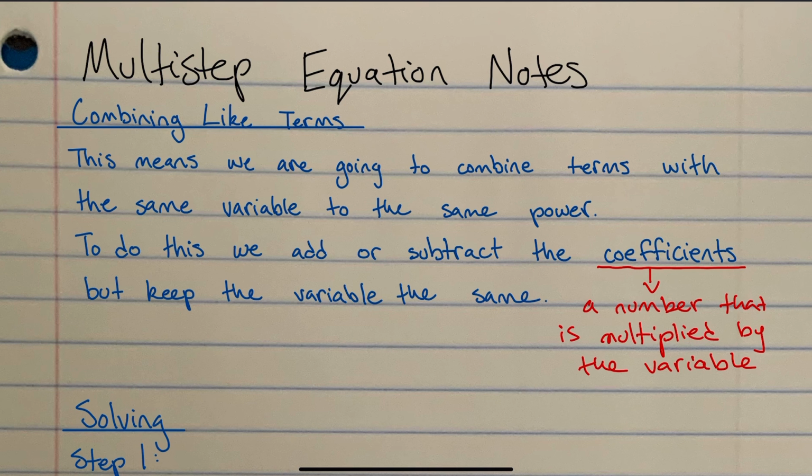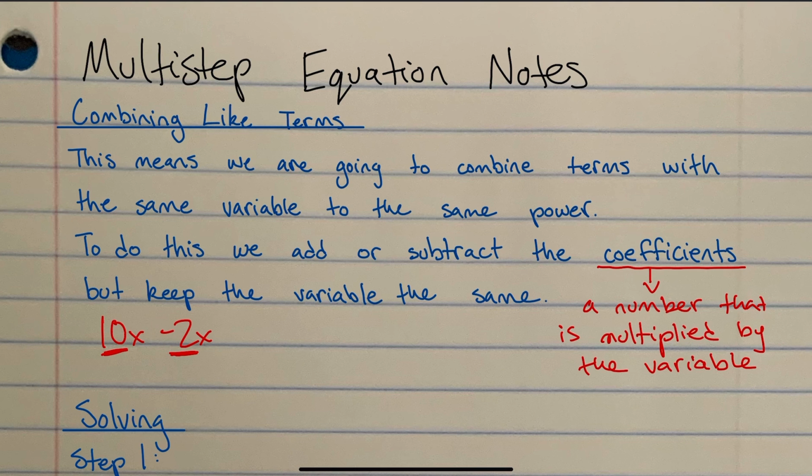So to show this, we did a couple examples. So let's say we have 10x minus 2x. Now what it says, to do this, we add or subtract the coefficients. Our 2 coefficients here are going to be 10 and 2. And we have this subtraction sign in the middle.